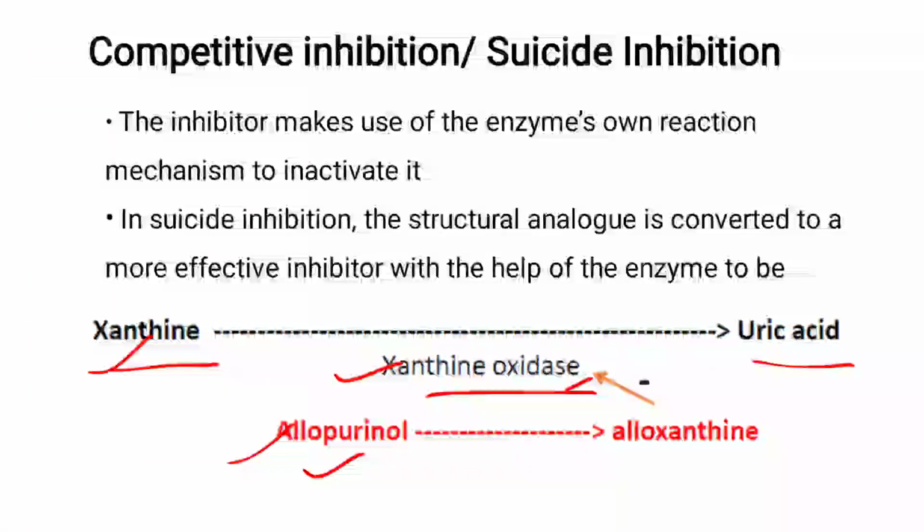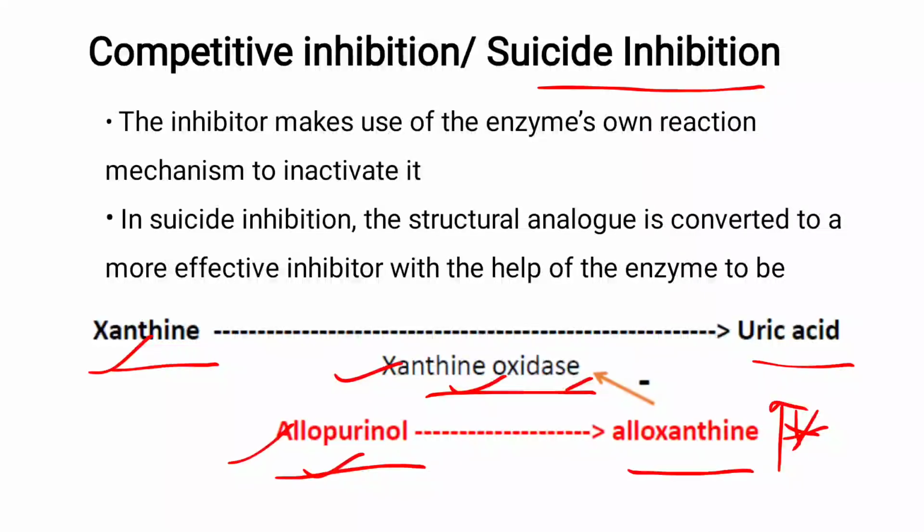This particular mechanism is also known as an example of suicidal inhibition. Why? Because the chemical substance allopurinol gets converted to alloxanthine by the same xanthine oxidase enzyme, and this alloxanthine, which is a product of this reaction, is a much more potent inhibitor of xanthine oxidase itself.